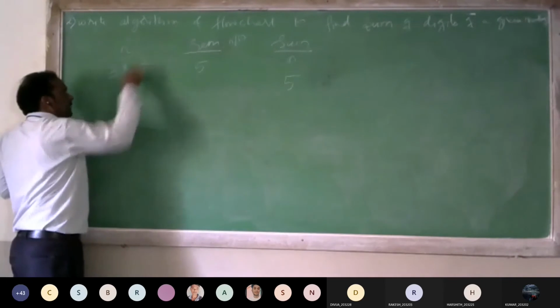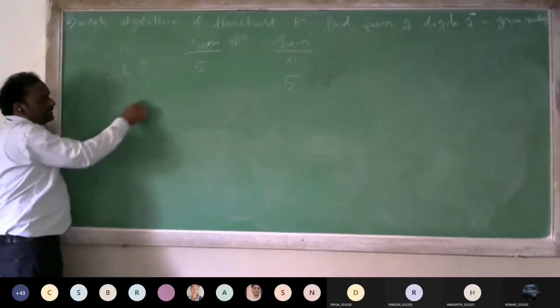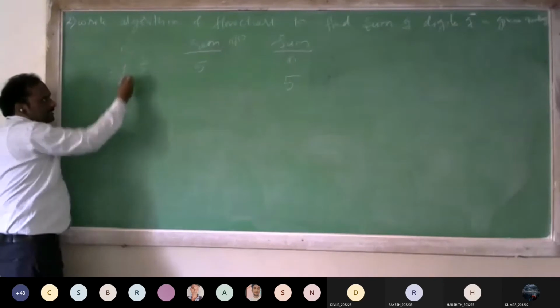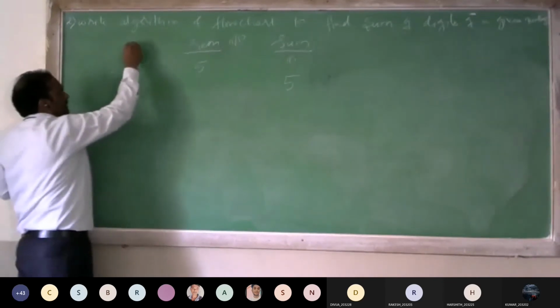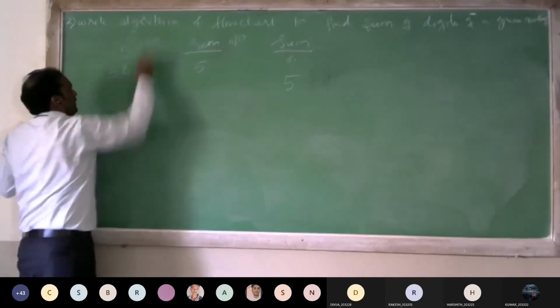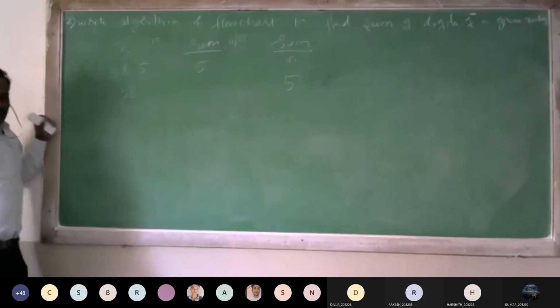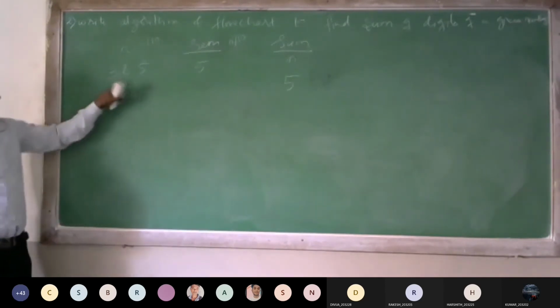Now this digit is over. Now we have to get the next digit, 8. So divide this number by 10: n is equal to n divided by 10. Now you have to take 38. Don't take 38.5, you have to take only 38.